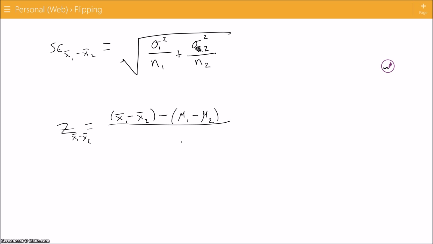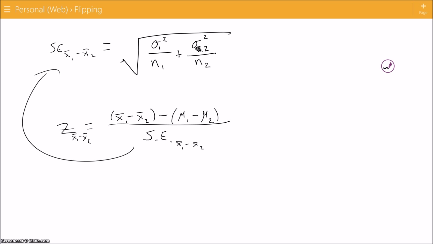Very similar to what we saw for one sample z testing, but we are incorporating both groups of data into this. And all this is over our standard error for x bar sub 1 minus x bar sub 2, which just refers to what we just got up there.